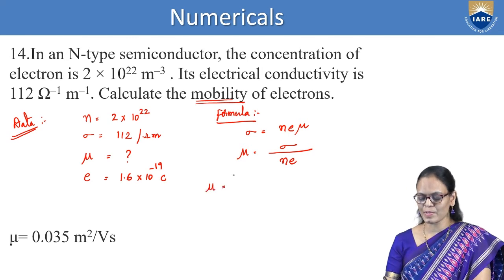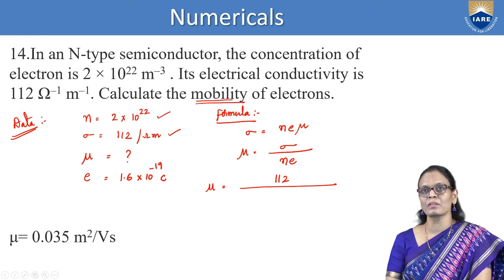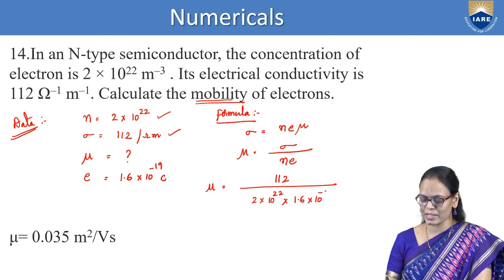So, let us just substitute. What is the value of sigma given? 112 per ohm meter. So, 112 upon the concentration N, which is 2 into 10 power 22, into e. The value of e is 1.6 into 10 power minus 19.